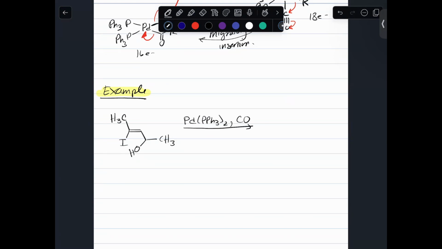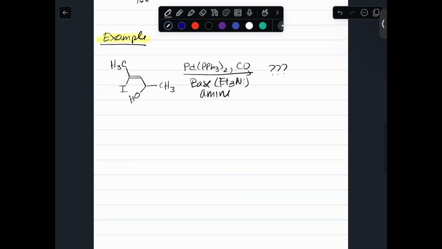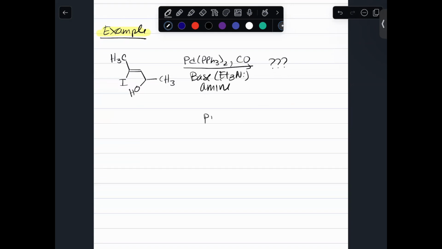And for the most part, a lot of these nucleophilic carbonylation reactions are going to require a base. And you'll see why in a second. And it's typically an amine base. Okay. And so we start off with our palladium catalyst. In this case, we introduce our vinyl halide for our oxidative addition step.